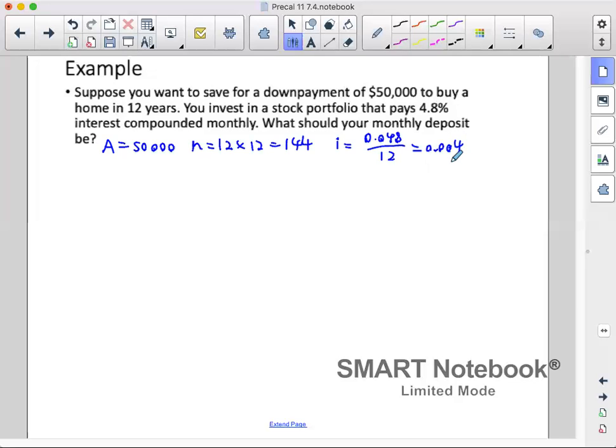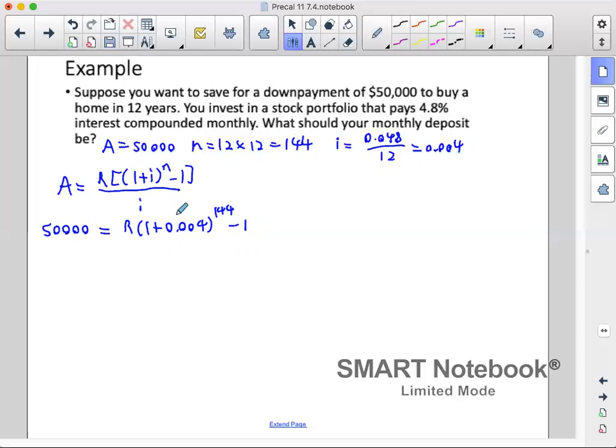And now we want to solve for R. So we have A is equal to R times 1 plus I to the power of N minus 1 all over I. We'll substitute what we have in, so we have 50,000 equals our R times 1 plus 0.004 to a power of 144 minus 1, all over 0.004.